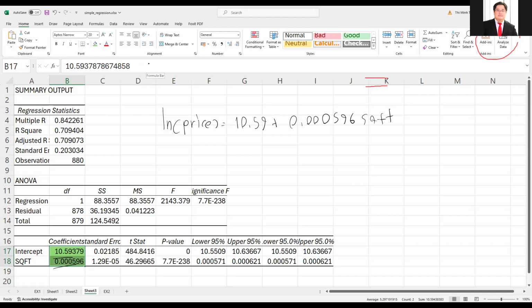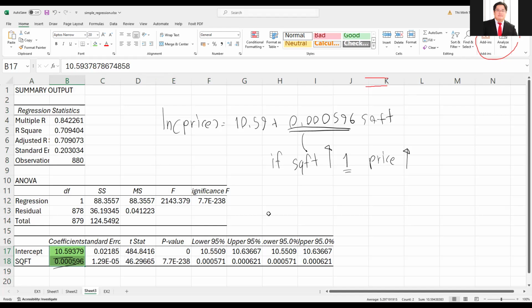And then what does this one mean? This means if square feet increases by one size, by one foot, by one square foot, price will increase.